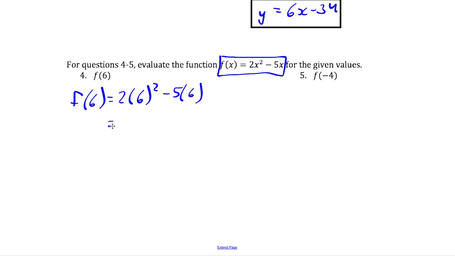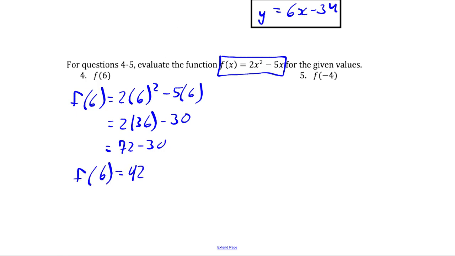Order of operations says I square this first. So I get 2 times 36 minus 30. So that is 72 minus 30. So that means that f of 6 is equal to 42. Notice I write my answer as f of 6 equals, not f of x, because f of x equals this formula up here. f of 6 is specifically 42.